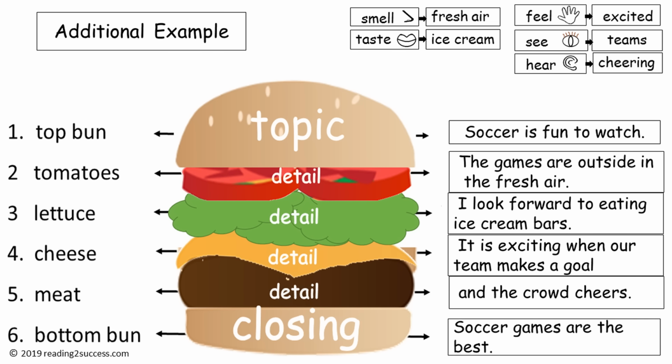Another topic for descriptive writing is soccer is fun to watch. And the details: the games are outside in the fresh air. I look forward to eating ice cream bars. It is exciting when our team makes a goal. And the crowd cheers.